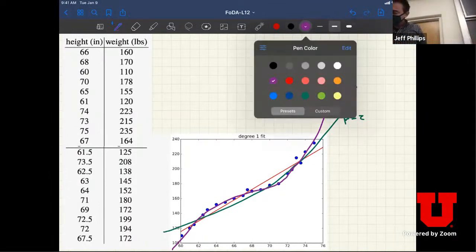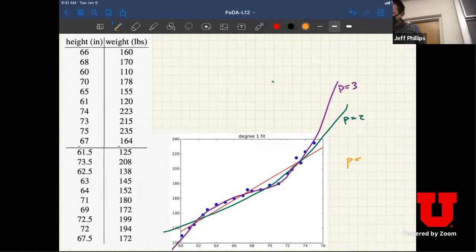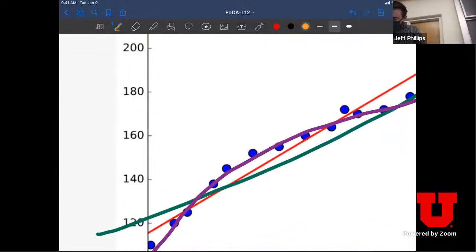As well, I'll try and show you if I go to p equals 20. What do you think a p equals 20 model is going to look like? One guess is that it's just a line fitting these dots exactly.